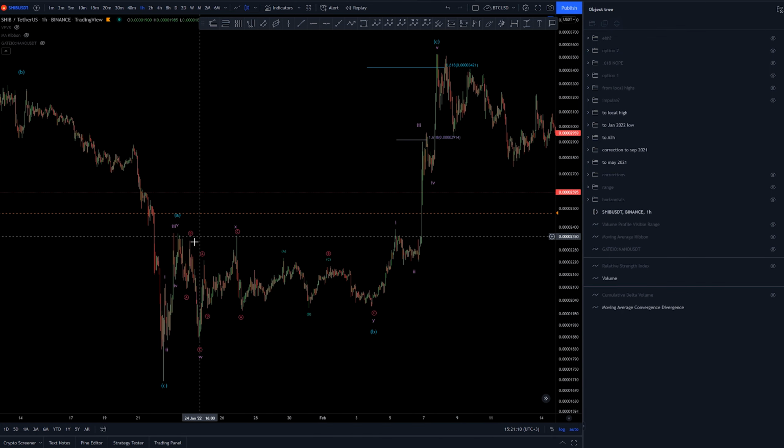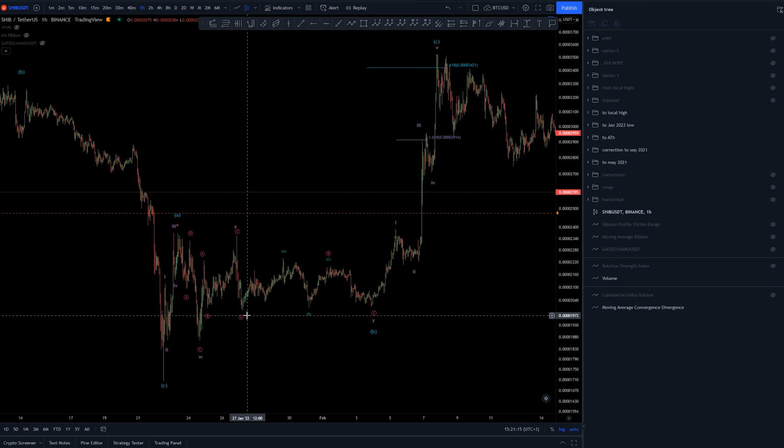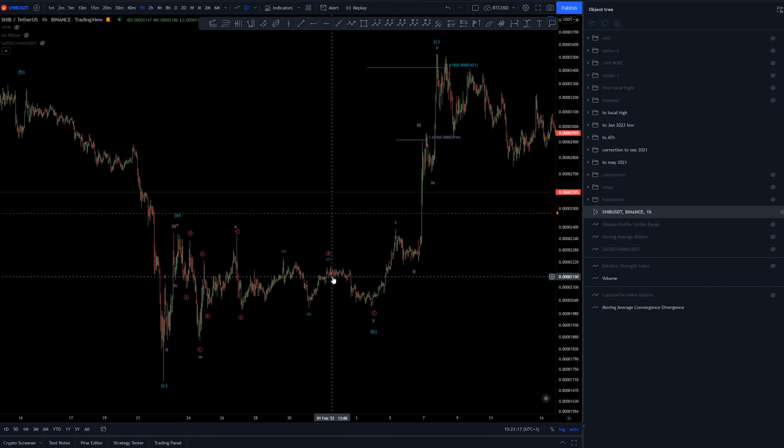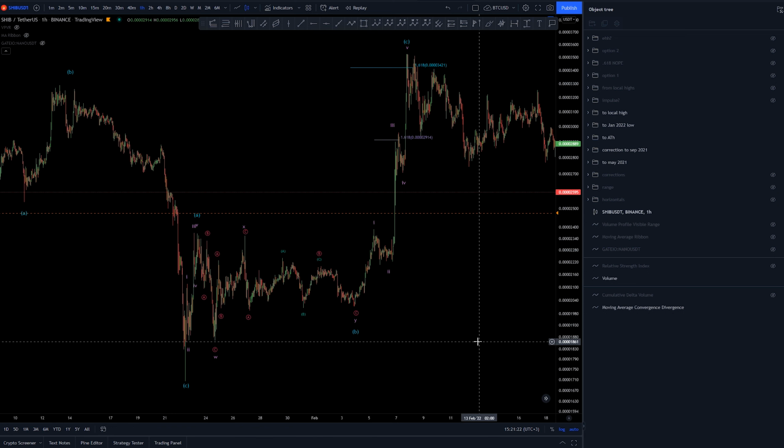The rest of the correction here, I'll just label it as WXY. Loads of 3-wave corrections in itself, and yeah, that's how I managed to squeeze this count in.